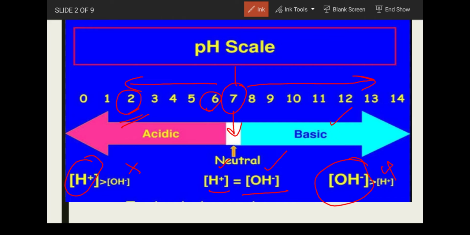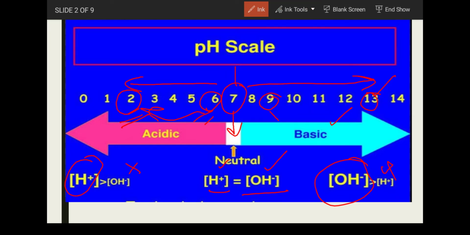Definitely the one with pH 2 will be more acidic, and the pH 6 one will be less acidic. Similarly, if there is a solution A having pH 9 and another solution B having pH 13, 13 would be more basic than the pH 9 one because basicity is increasing in that case.